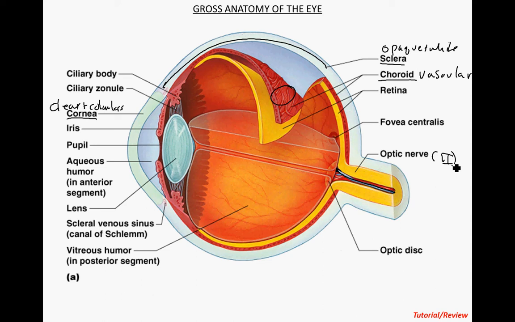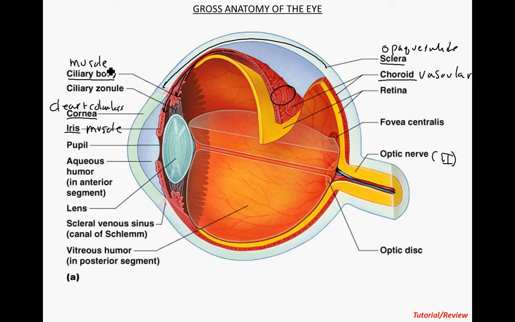As you move this vascular tunic, this choroid layer, more anteriorly, it's going to split and divide into two structures. The more anterior of those structures is called the iris, and this is a pigmented or colored muscle. And then posteriorly, that choroid layer will split and divide and become the ciliary body, which is also a muscle.